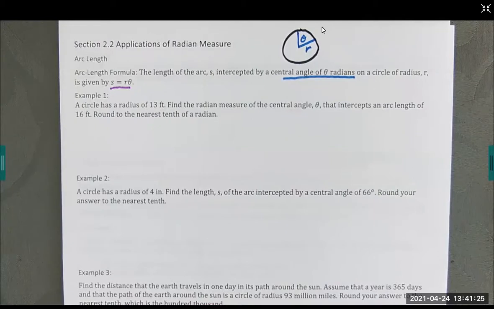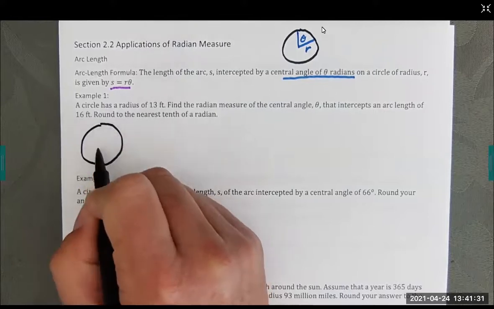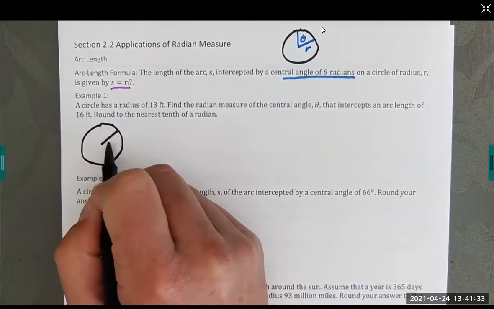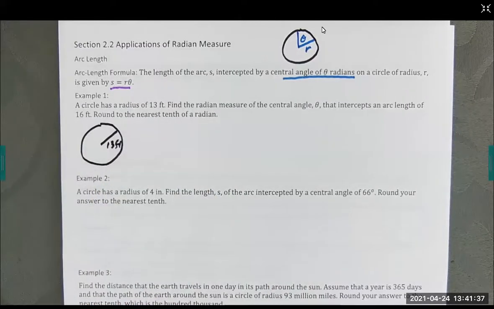So for our first example, we have that a circle has a radius of 13 feet. And we want to find the radian measure of the central angle theta that intercepts an arc length of 16 feet.